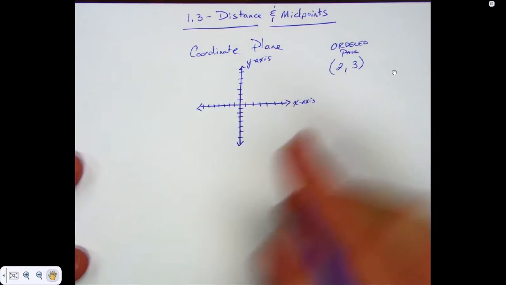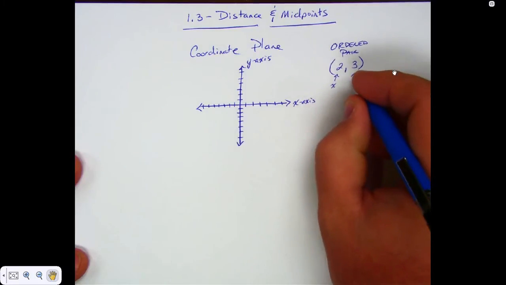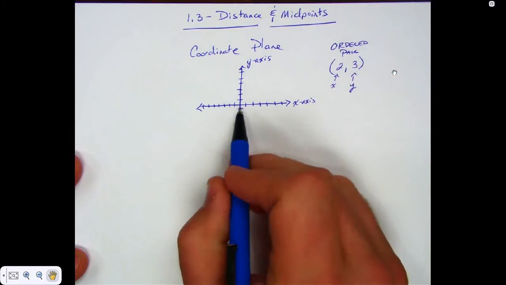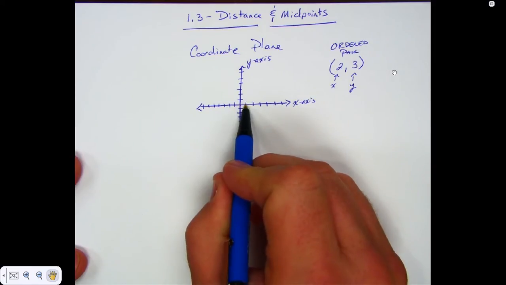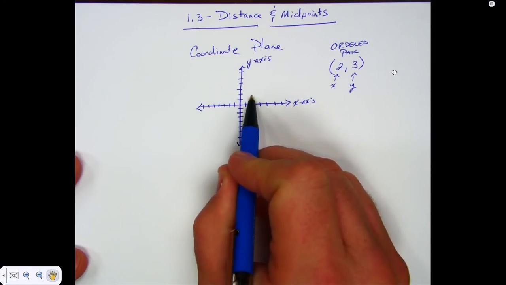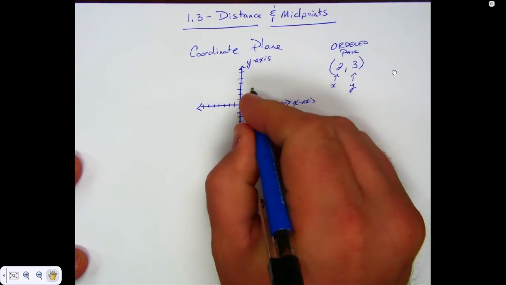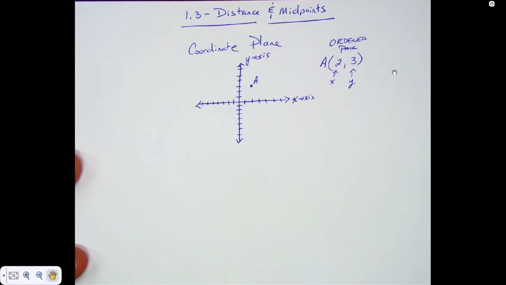What do I do first? This is my x, this is my what? Which way is positive, to the right or to the left? So that'd be to the right. 1, 2, and then up 1, 2, 3. If this was point A, there's the coordinates of point A. We're all okay with that, are we not?